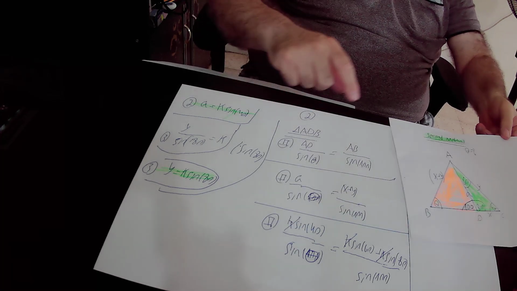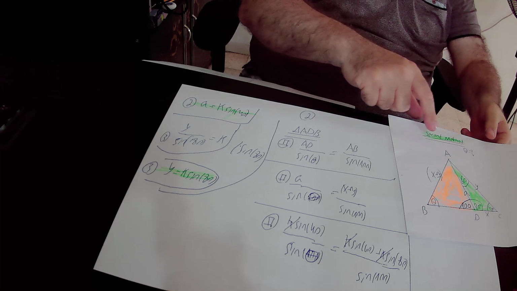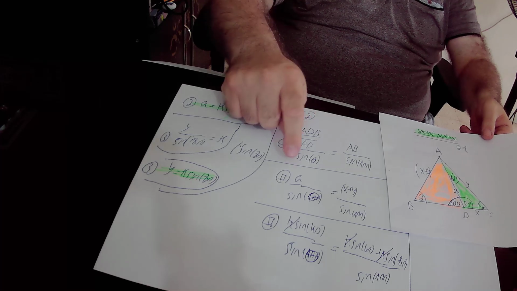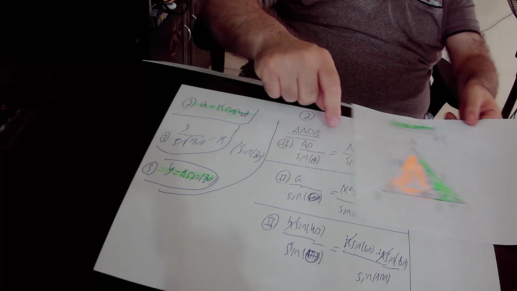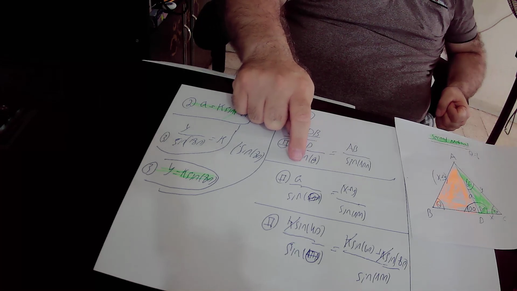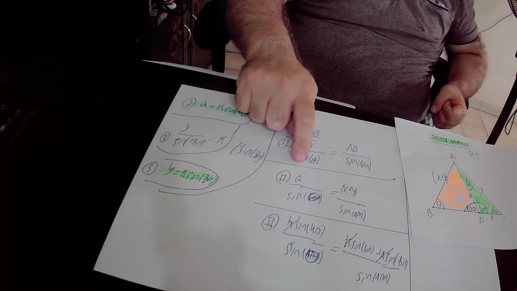Okay, here AD equals A, so we substitute AD by A. AB equals x plus y, so we substitute AB by x plus y, and we got that A over sine theta equals x plus y over sine 100 degrees.